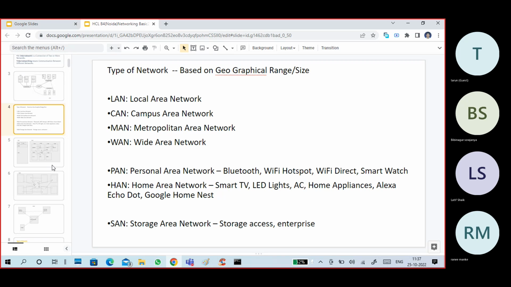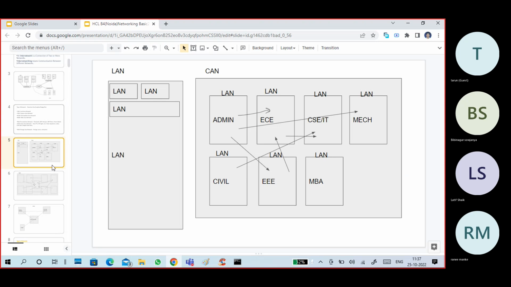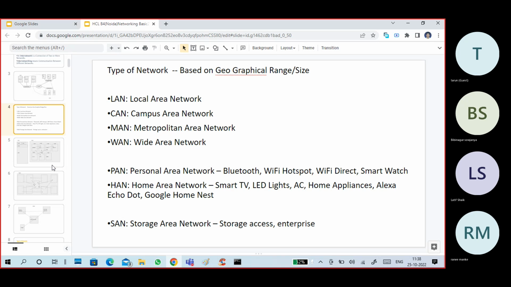I have a building with several computers all connected together. That is also a LAN. That is the maximum limit: a room, a floor, multiple floors, or an entire building. That is the maximum size of a LAN.